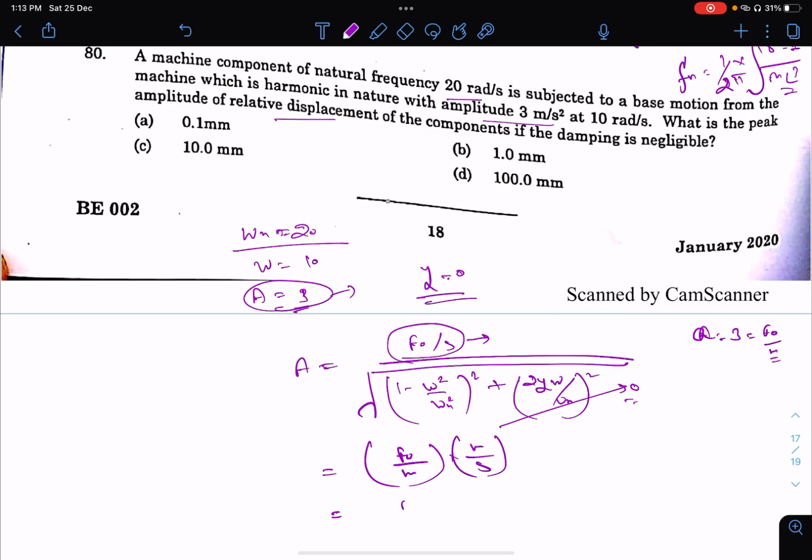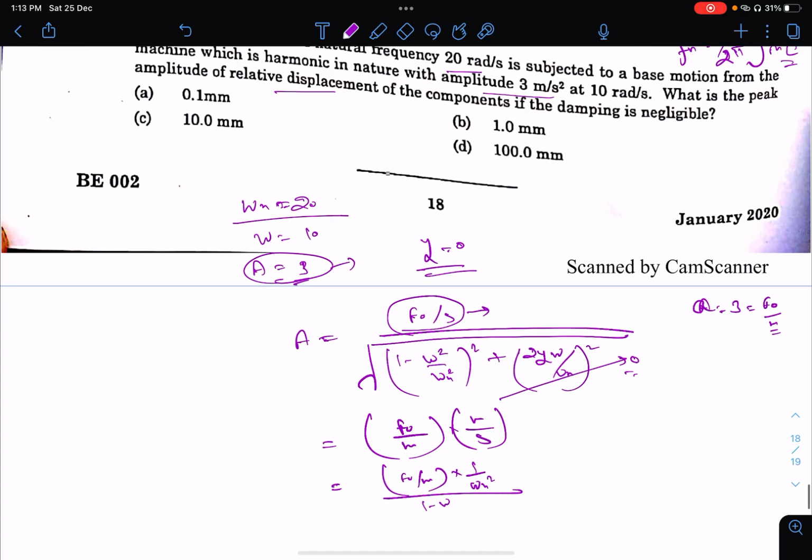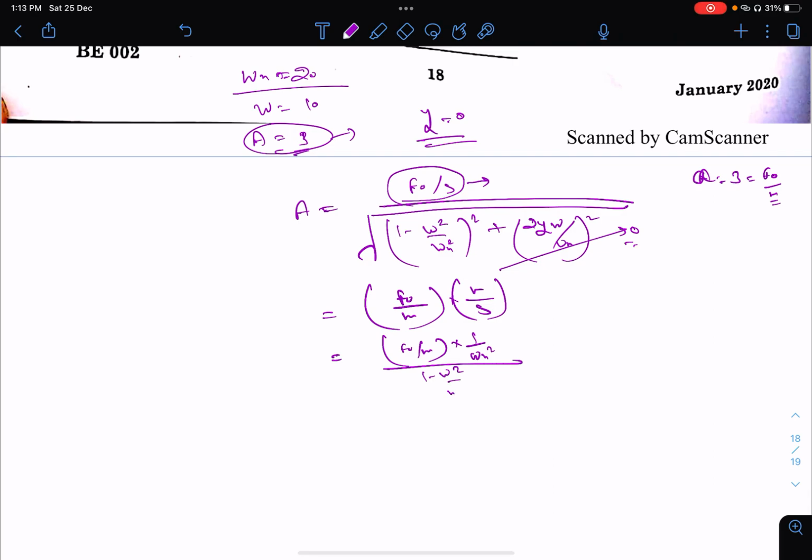So I can write F naught divided by m into 1 upon omega n square upon 1 minus omega square divided by omega n square.